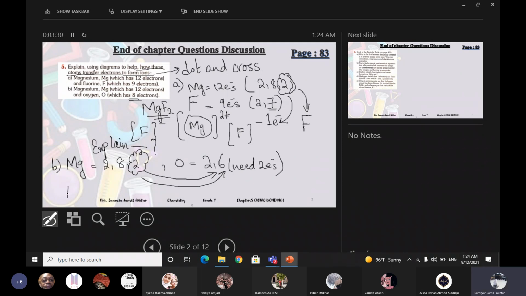So you will make only one magnesium with a 2+ charge and one oxygen with a 2 minus charge. Only these two will be formed. You have to draw the full dot and cross diagram with all shells, and after that explain the ion formation.